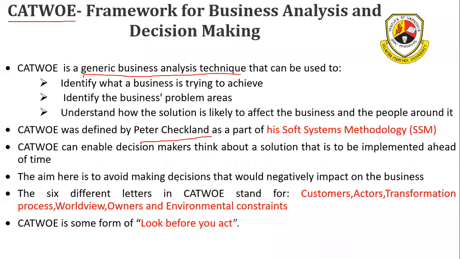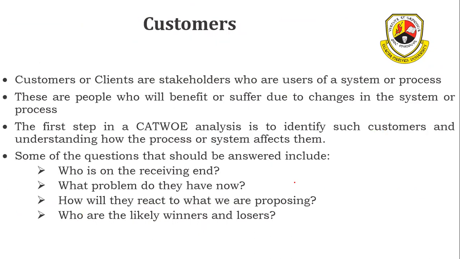Now, the full name of the framework helps us identify the different pillars or the different types of stakeholders and where they may affect your system. We're going to go through each of these one at a time.